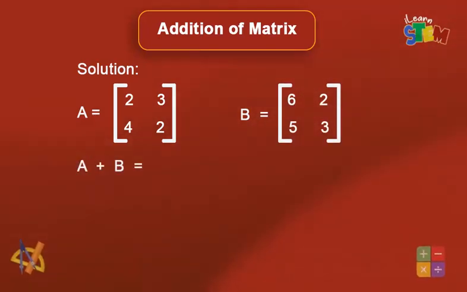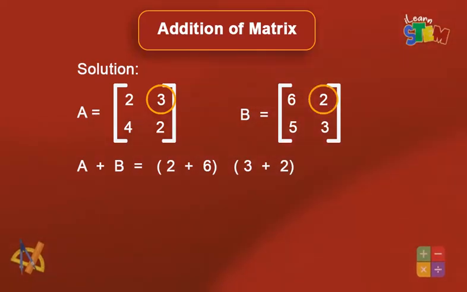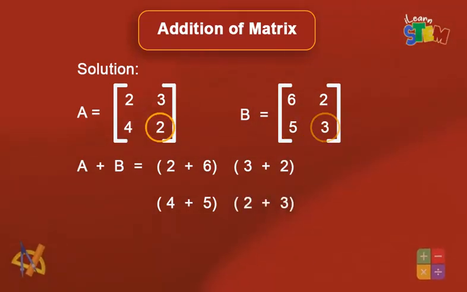Therefore, A plus B will be 2 in matrix A plus 6 in matrix B, 3 in matrix A plus 2 in matrix B, 4 in matrix A plus 5 in matrix B, 2 in matrix A plus 3 in matrix B.